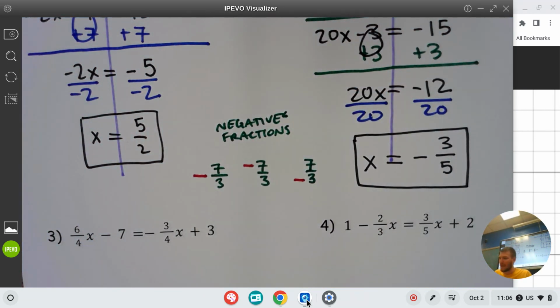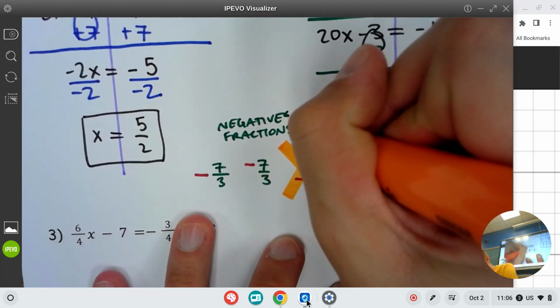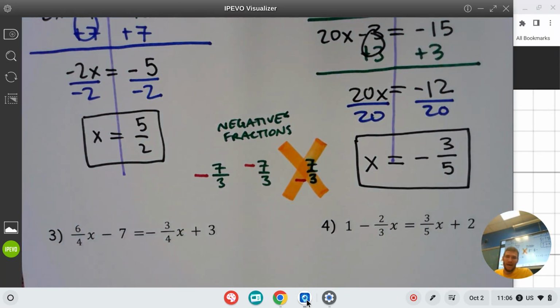Of these 3, one of them is bad. Which one of these 3 is not okay? Correct. And I like that you went a little fancy with the math vocab. No negative denominators.